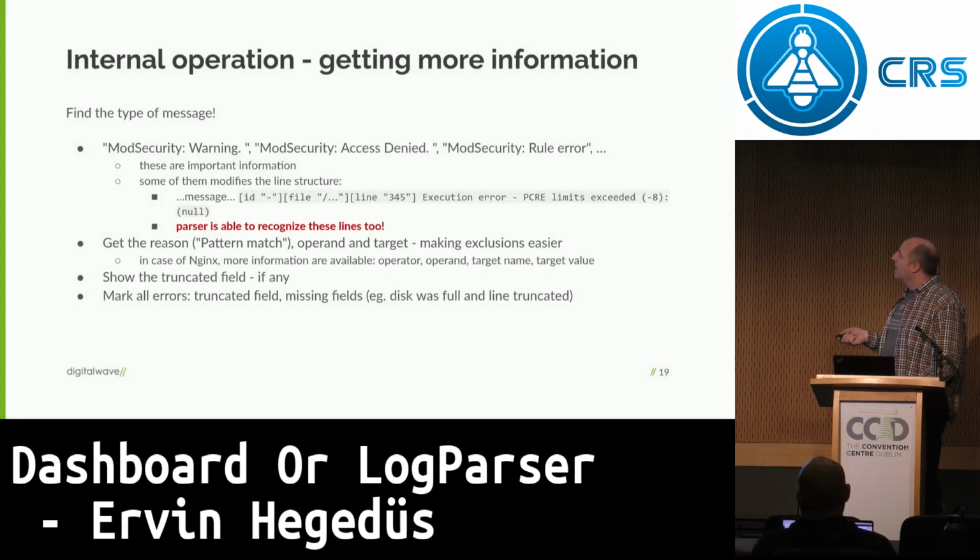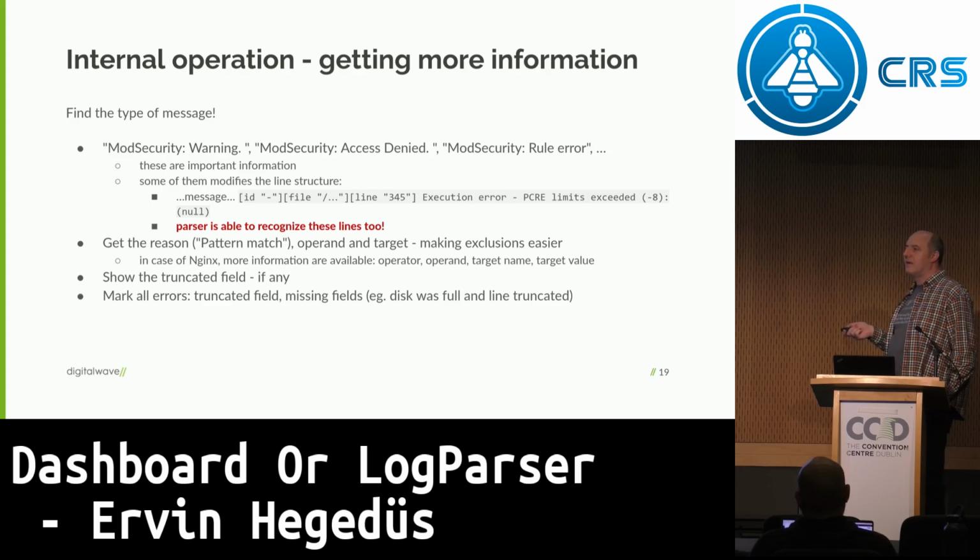Okay, getting more information. As I said, there are many kinds of messages in the case of ModSecurity 2. For example, ModSecurity warning, ModSecurity access denied, ModSecurity rule error. Maybe you have seen these many times. For example, PCRE limit, what is the correct accurate message?